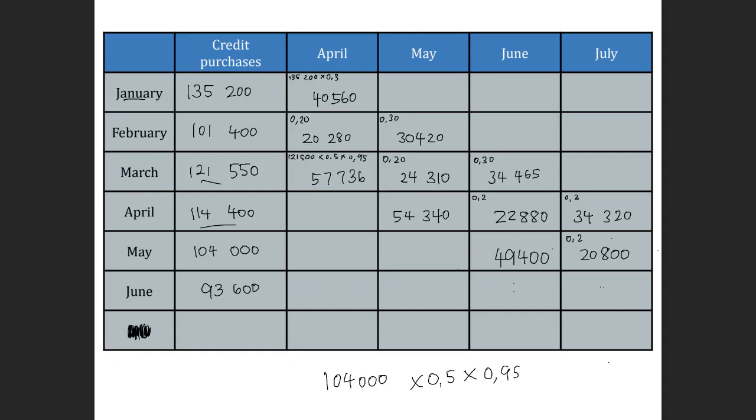So let's just work out the 50% and 95% of the 93,600. So 93,600 times 50% and then times 95. And that is 44,460. Okay, so then you can total that up. So we'll include this at the bottom as your total.